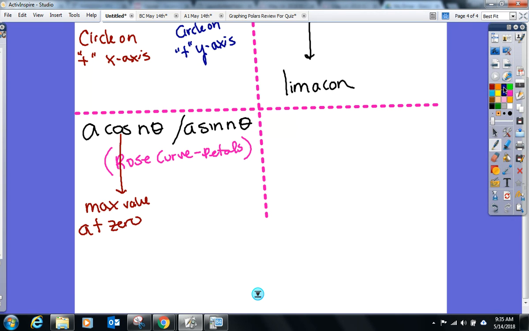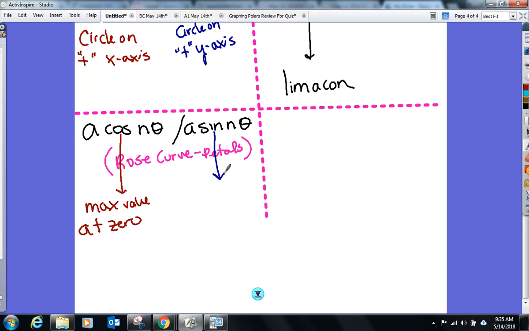It's the sine curve I think I went wrong with you guys. I did the whole halfway thing. I don't want you to remember that anymore. I want you to use the table to find the first max value. So actually start filling in your table and say, oh, there's that max value. I plot it, and then you go however many degrees you have to go to find the next one. So use the table to find the first max value.